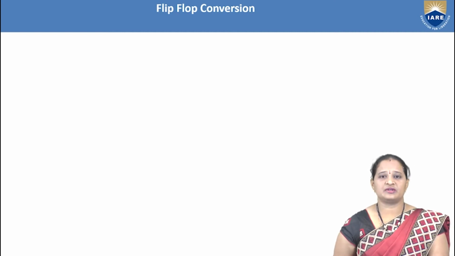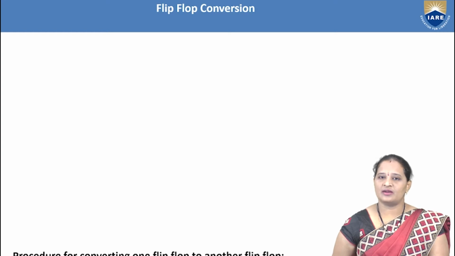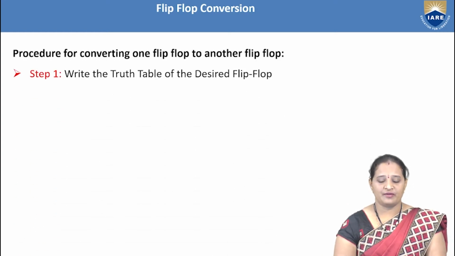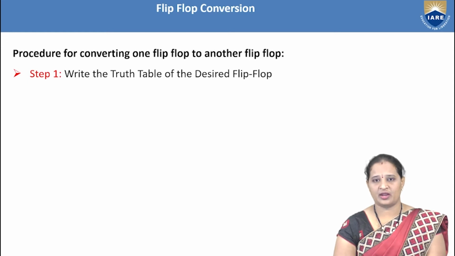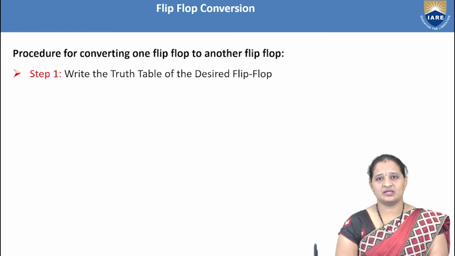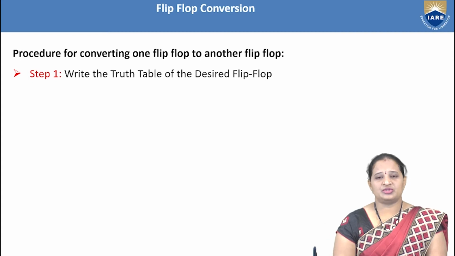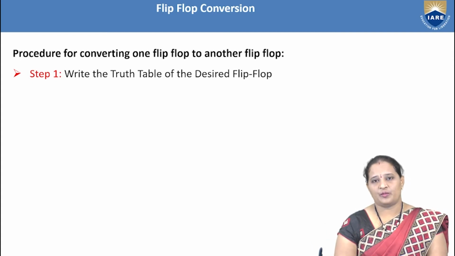So, what is the procedure for conversion of one flip-flop to another flip-flop? We have various steps. The first step is to write the truth table of the desired flip-flop.